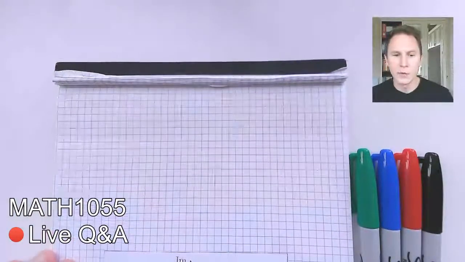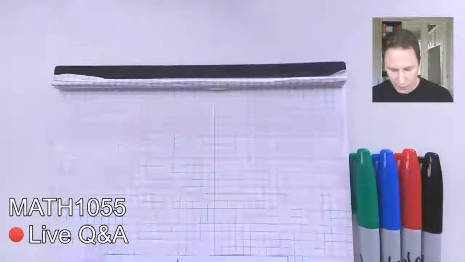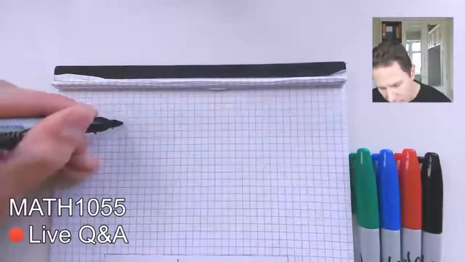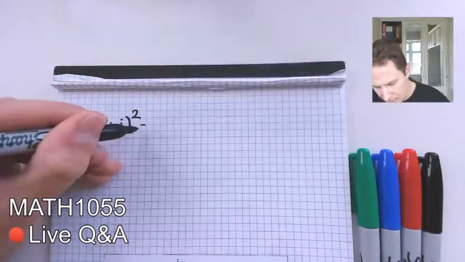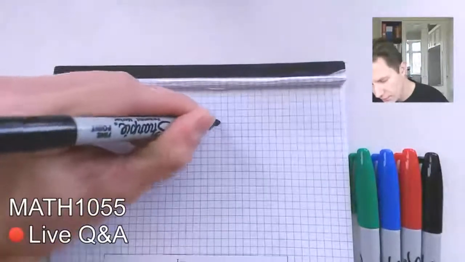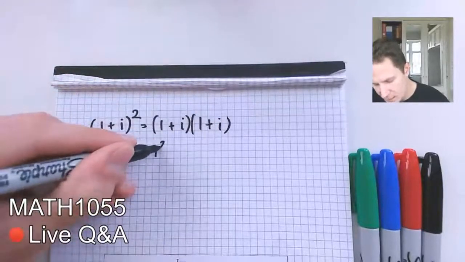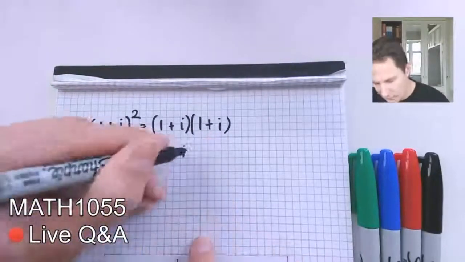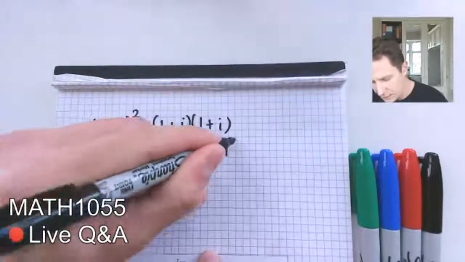I will use this view to show you stuff if something needs working out. What we had is the number (1 plus i) squared, right? That just means multiplying 1 plus i by itself. If I expand that product, I will get 1 squared, I will get 1i, I will get another i, and then I will get i squared for my last term.